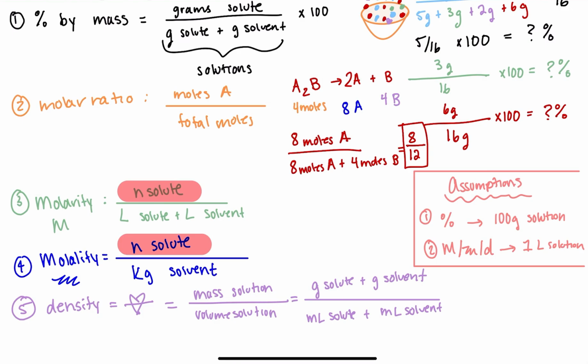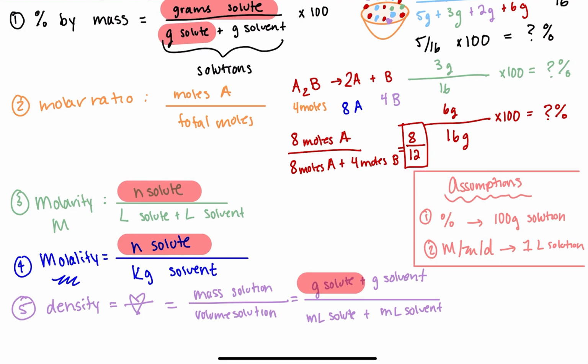So technically, your percent by mass up here also has grams of solute, right? At the top and at the bottom. And then when it comes to density, you also have moles of solute, right? Because like we said, moles of solute can be converted to grams of solute. So we know this portion here, right? So these are all essentially the same thing.